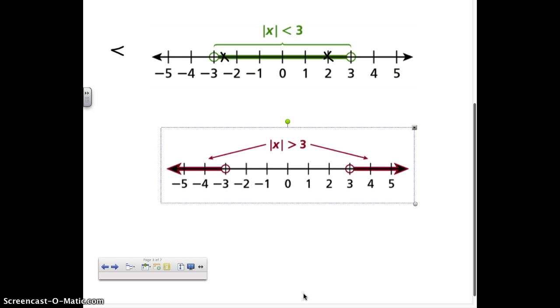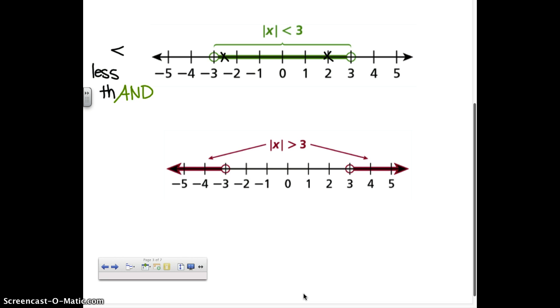And whenever we see less than, we want to think of the word and. This would be a conjunction. Okay? What we're saying here is that x has to be less than 3 and x has to be greater than negative 3.